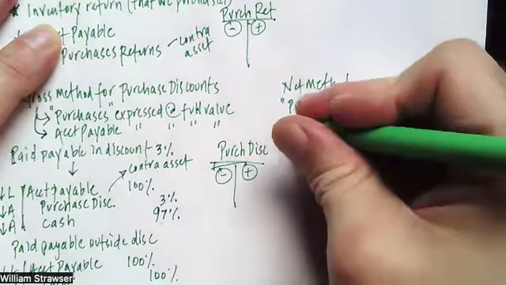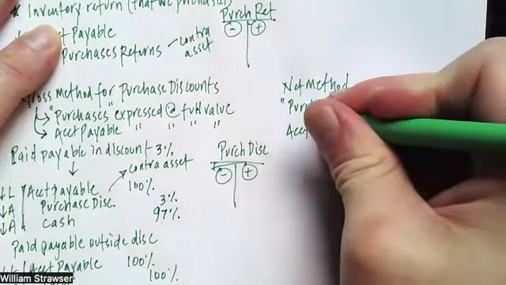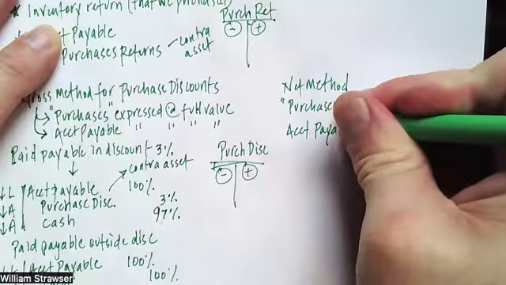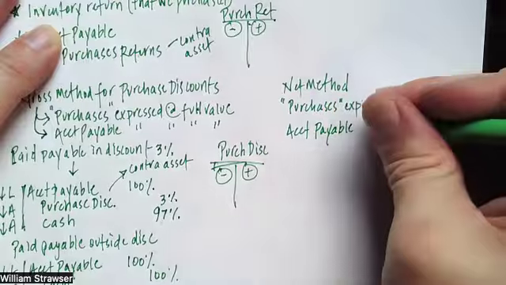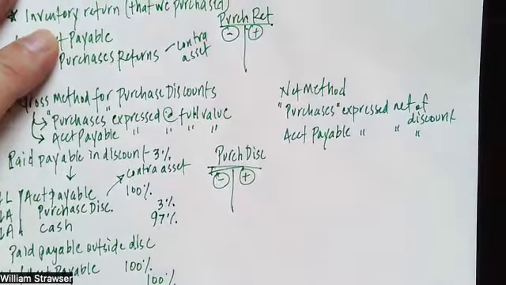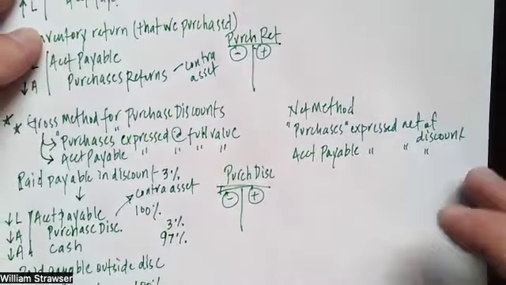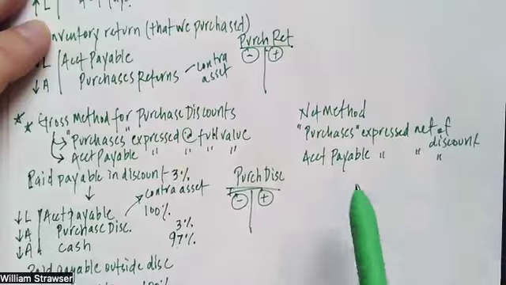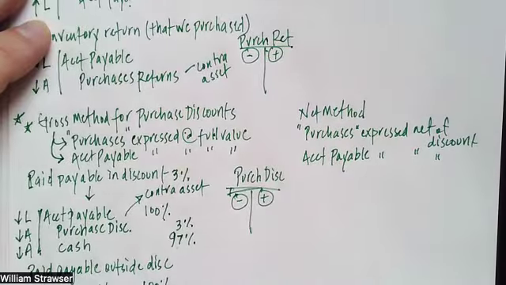And similarly, accounts payable also net of discount. So when we go and purchase, at the point of purchase, before we're even considering paying off the payable, we already record these at their net of discount price.